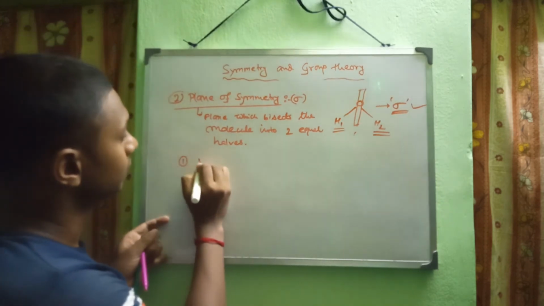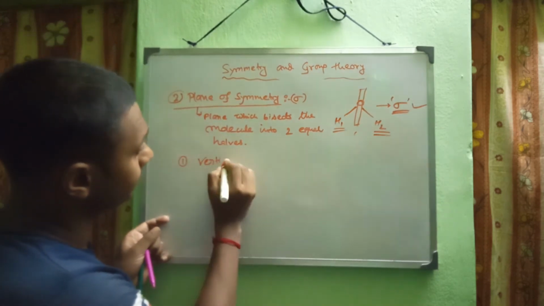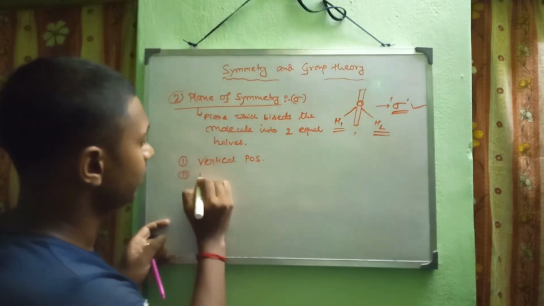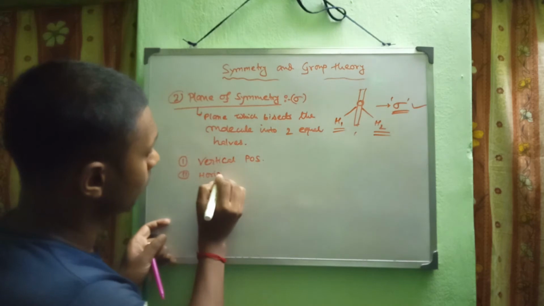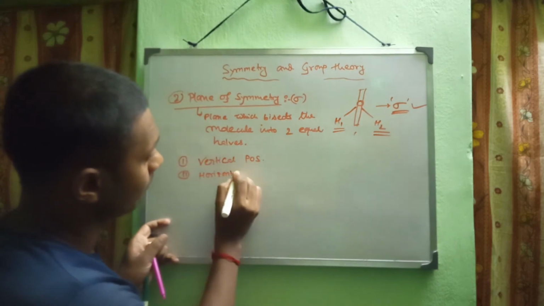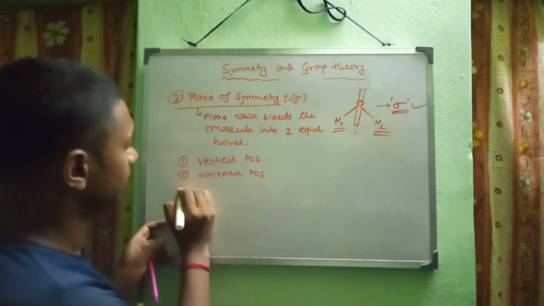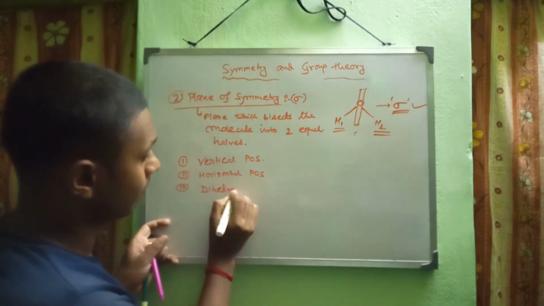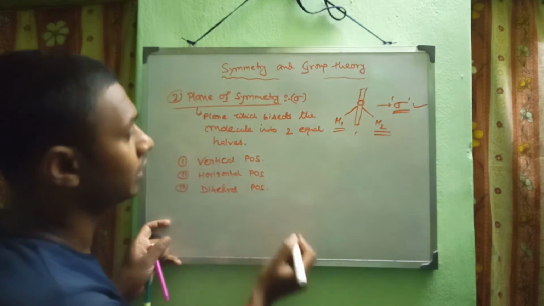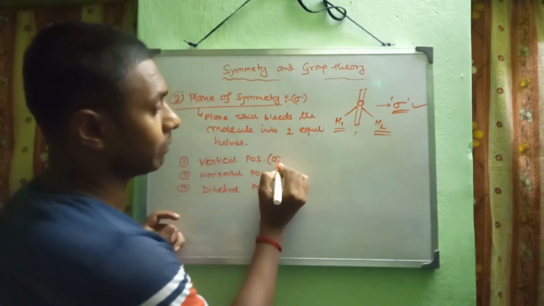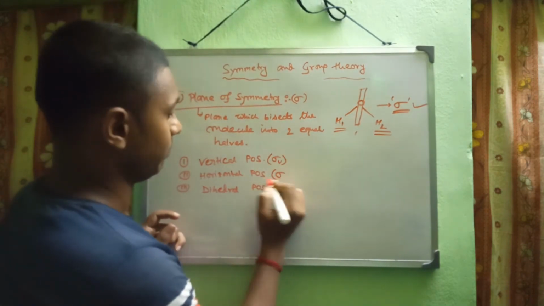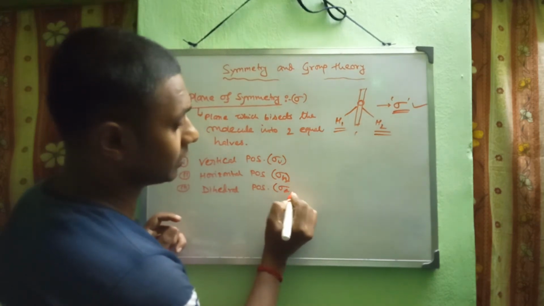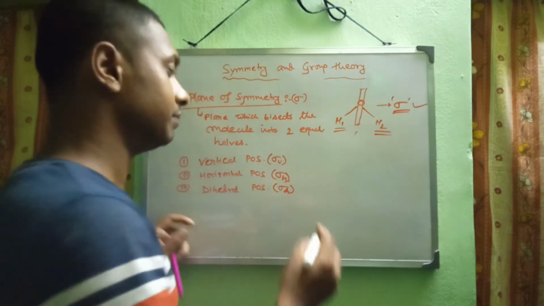Now this plane of symmetry is of 3 types. Number 1, vertical plane of symmetry, horizontal plane of symmetry, dihedral plane of symmetry. And vertical plane of symmetry is denoted by sigma V for vertical, horizontal sigma H for horizontal, and dihedral sigma D for dihedral.